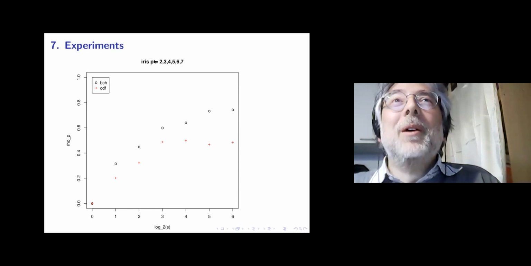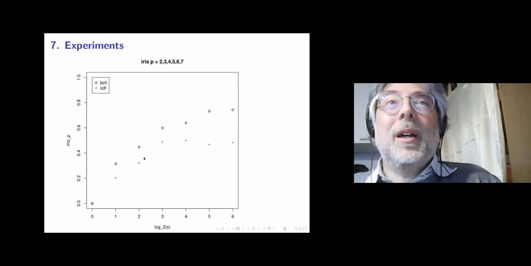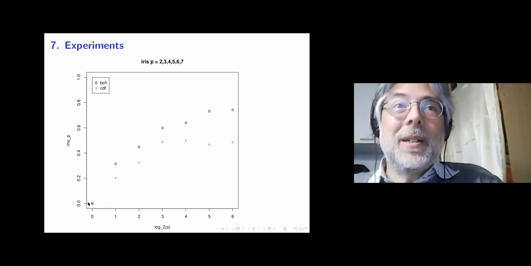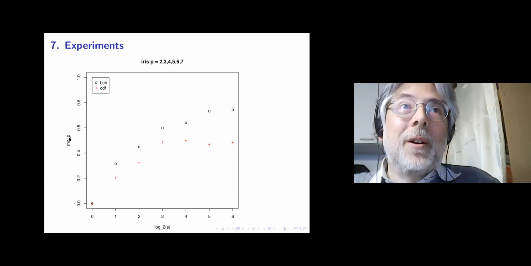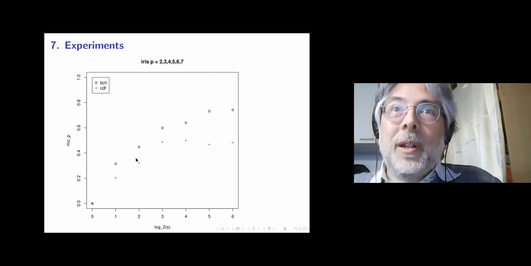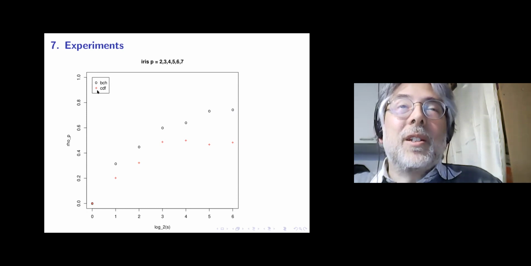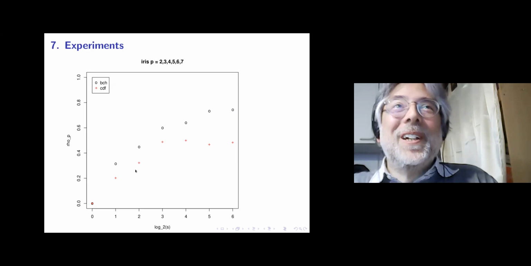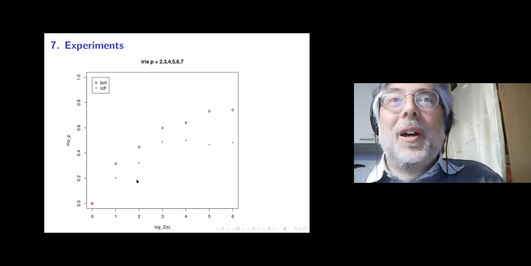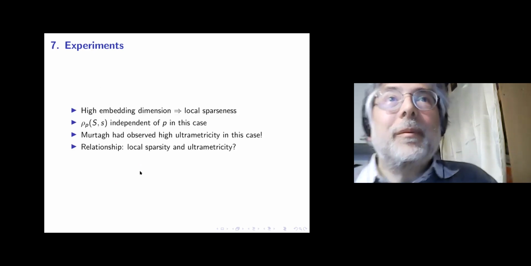P is not prime here; there's no dependence on p, just on the bucket capacity. And the higher dimensional encoding has a higher rho value than the slightly lower dimensional, 400-dimensional CDF encoding.